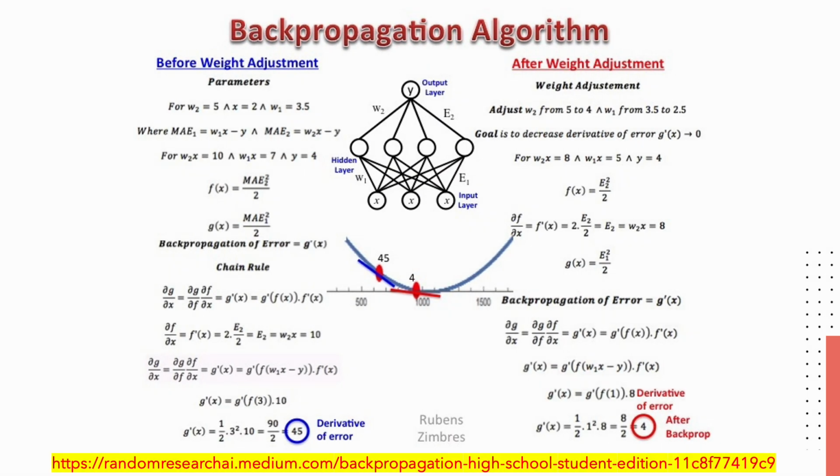This backpropagation algorithm little photo was interesting to me. Initially I noticed how the error decreased here at the bottom. And now the goal states that we want to get the error of g prime of x to approach 0.